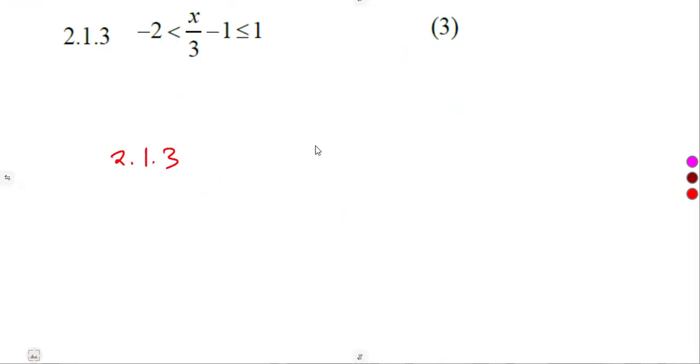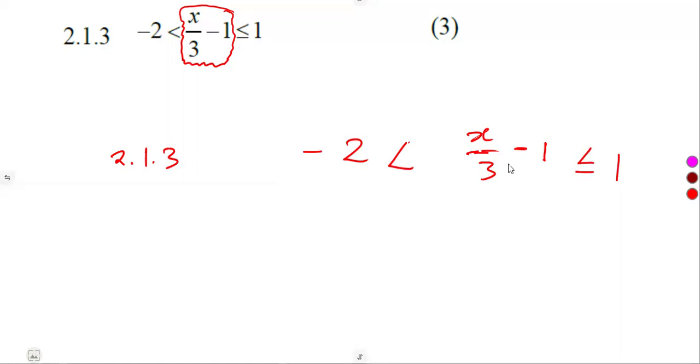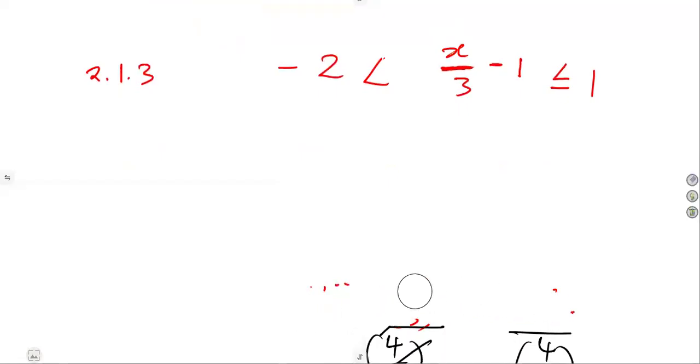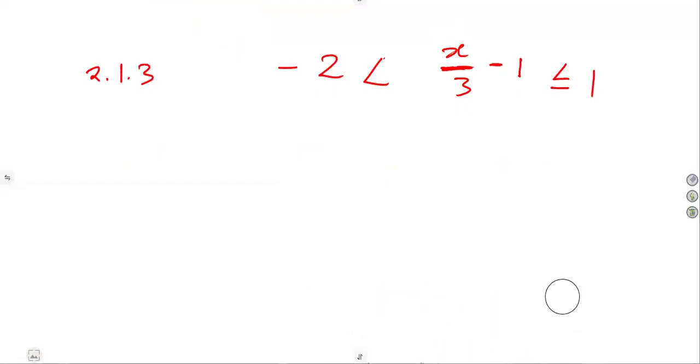So 2.13, we are given minus 2. You can just start with this one: x over 3 minus 1 is greater than minus 2, but less than or equal to 1. All right, how do we solve? Remember, I said we can solve this one directly by just looking at the question. If you understand this, there's no need for you to separate your inequalities.